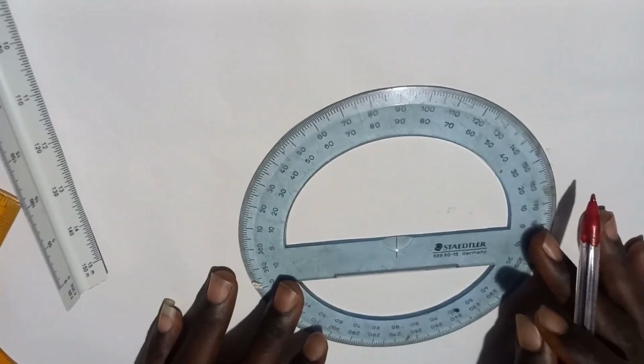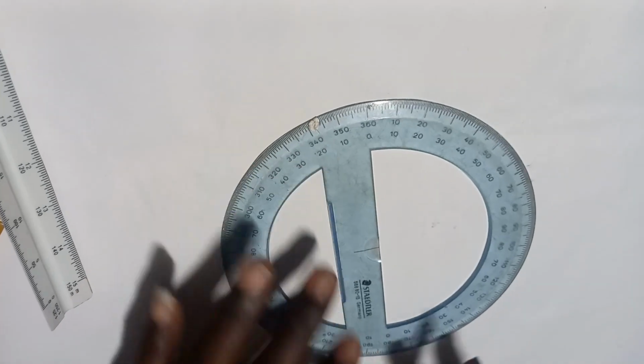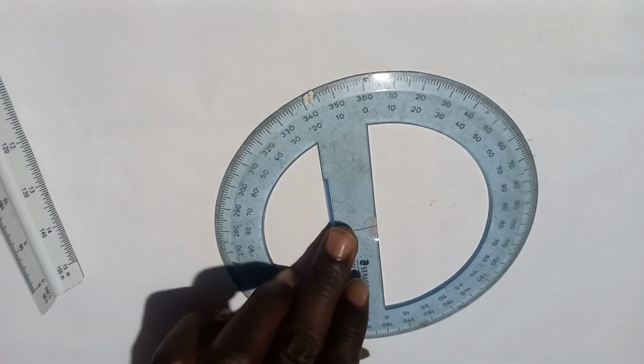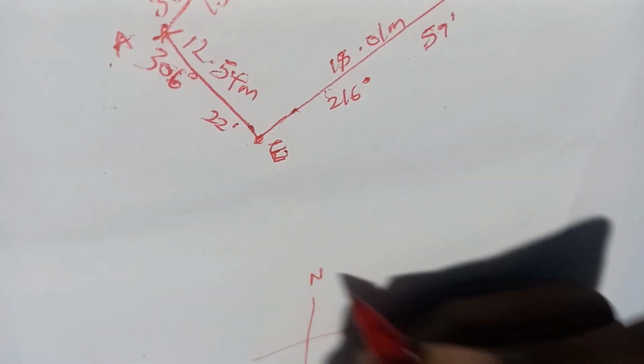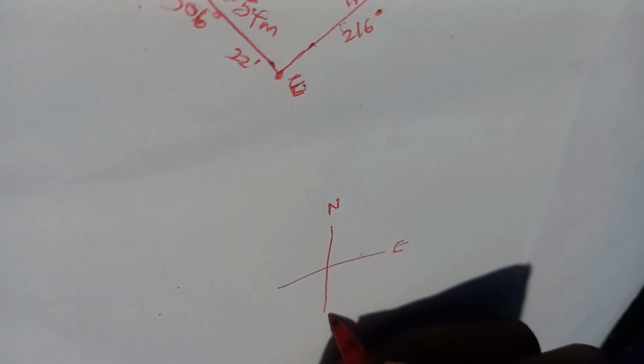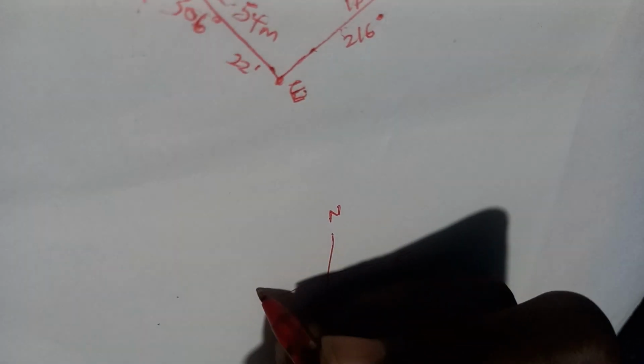Here is my protractor, and from normal elementary mathematics, we already know this is north, this is east, this is south, and this is west.